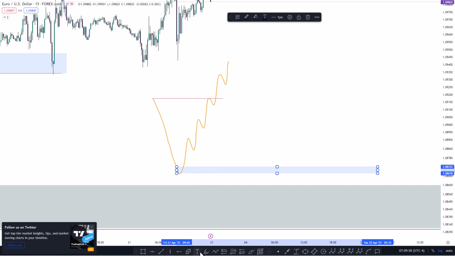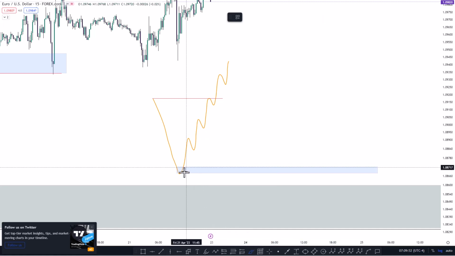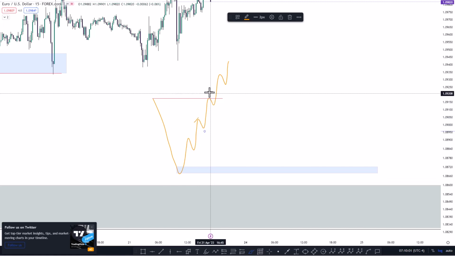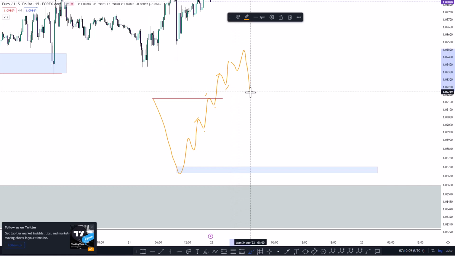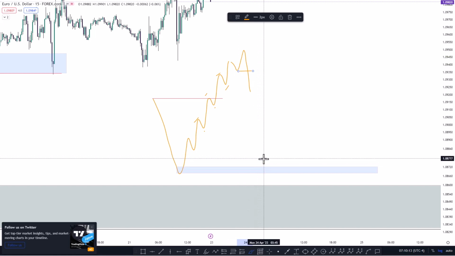But how do we confirm that the market is going to drop here? We will confirm that once this structure market is using is broken. This structure is broken. This uptrend is broken, right? So if you have a break here, we start confirming that market is going to drop here.